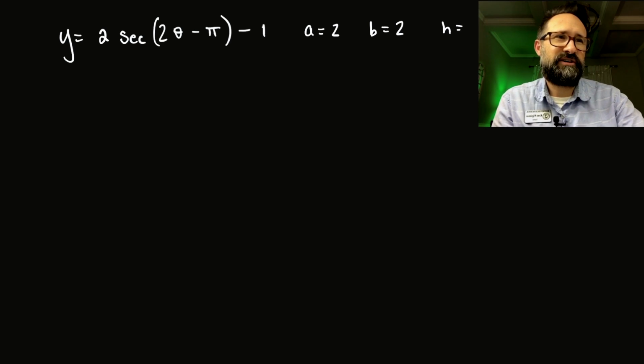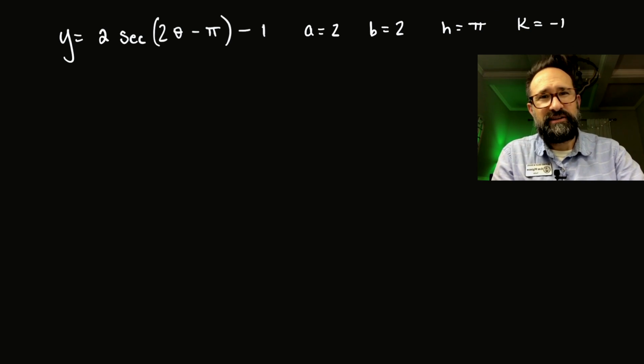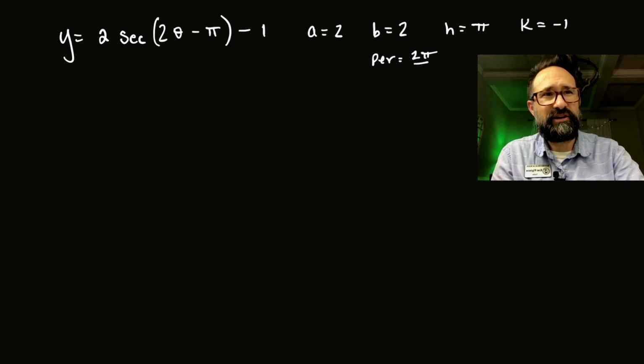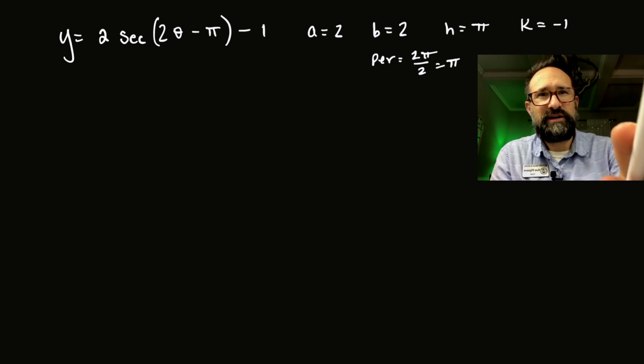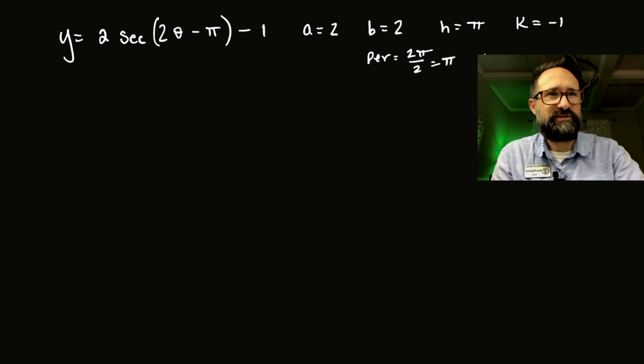With sine and cosine, you had amplitude and period. In this one, we don't have amplitude. I've got a 2, but I do not have amplitude, right? So keep that in mind as you're looking at these things.